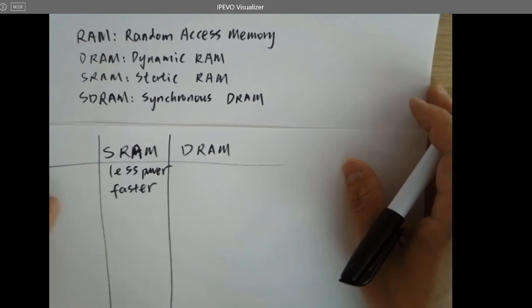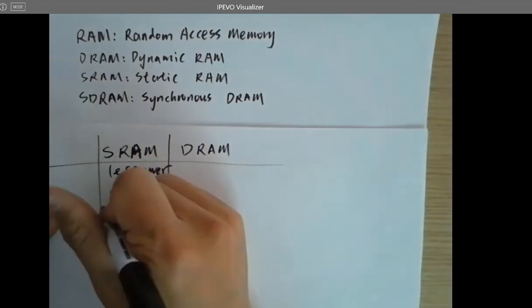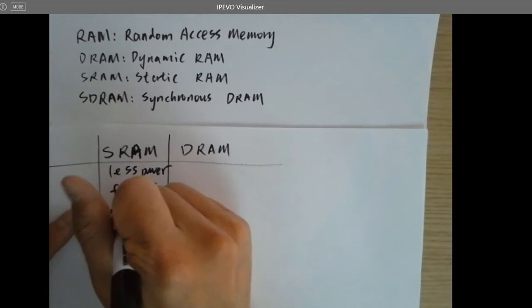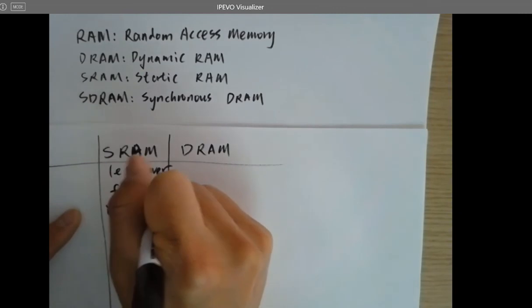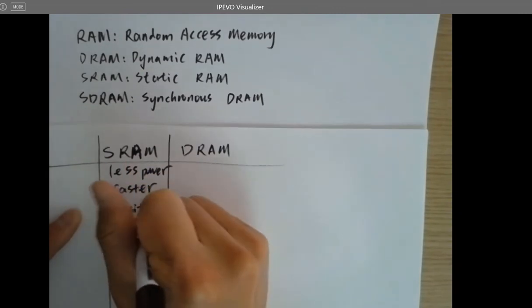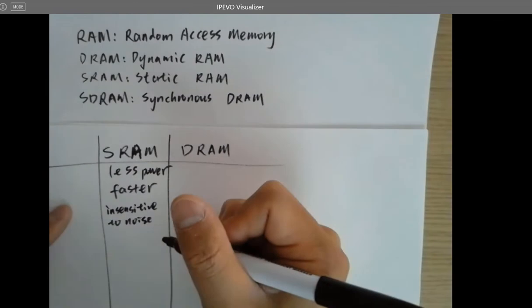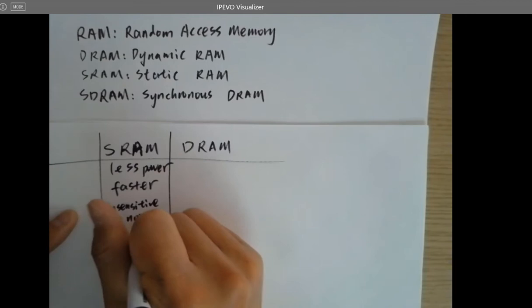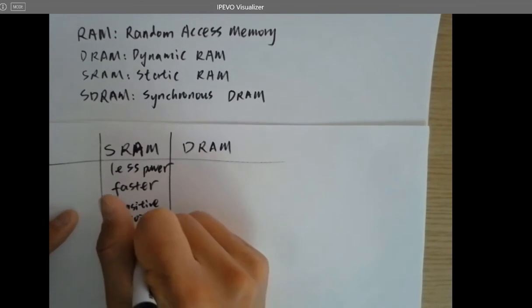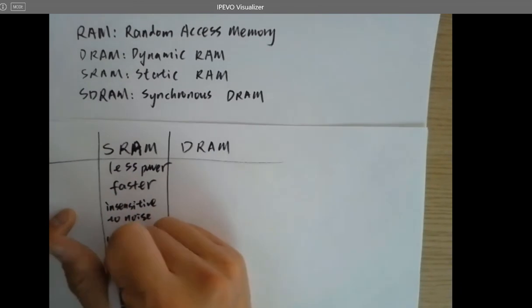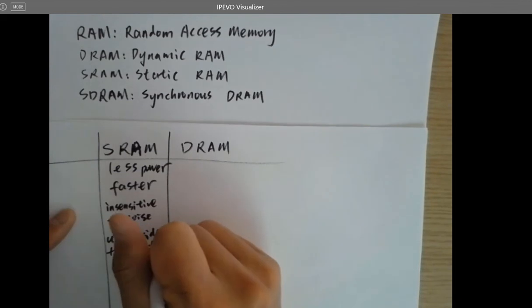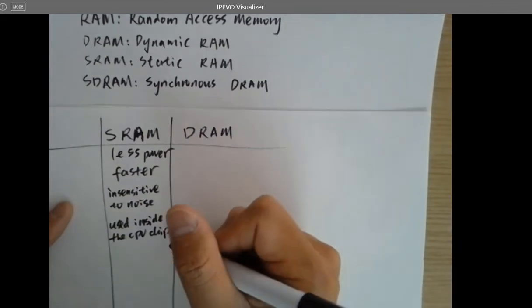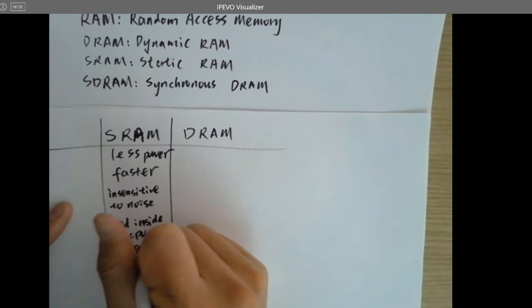SRAM is insensitive to noise. Also, SRAM is used inside the CPU chip, for cache.